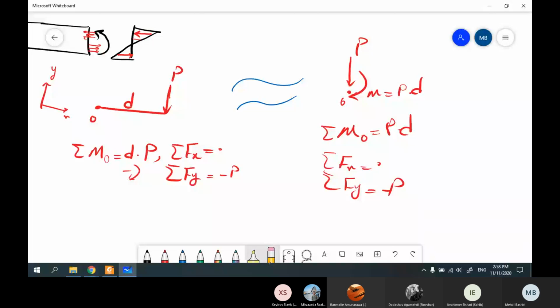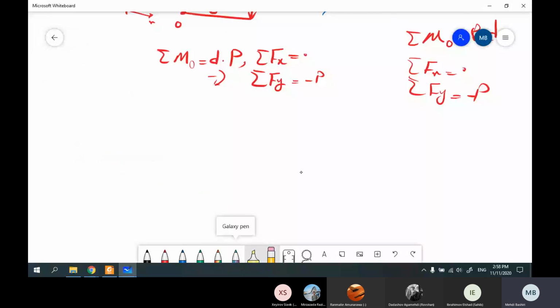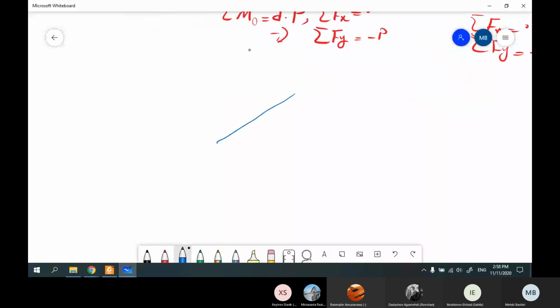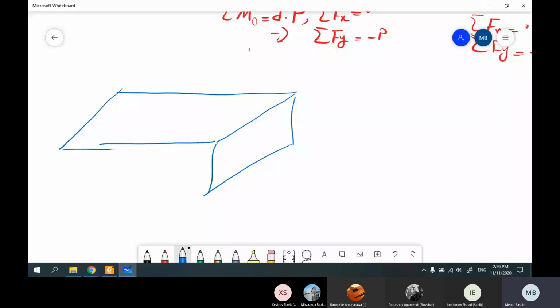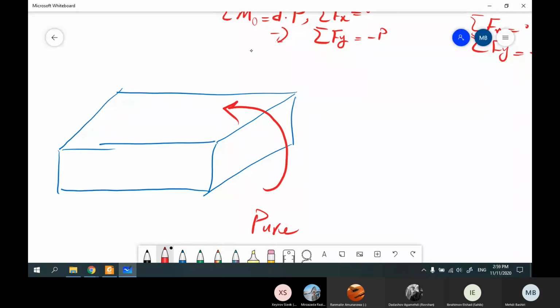Now, if you remember, we had a beam under pure bending, subjected to pure bending. What does it mean, pure bending? Pure bending means just bending, no forces.